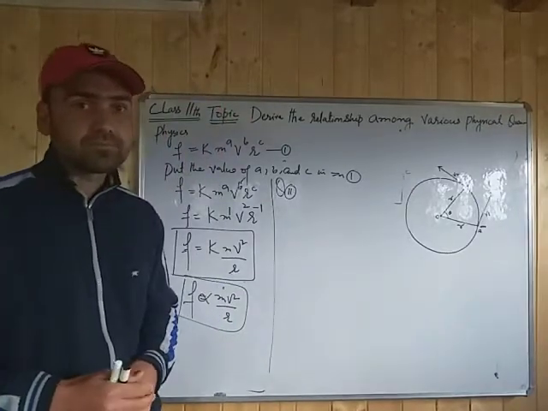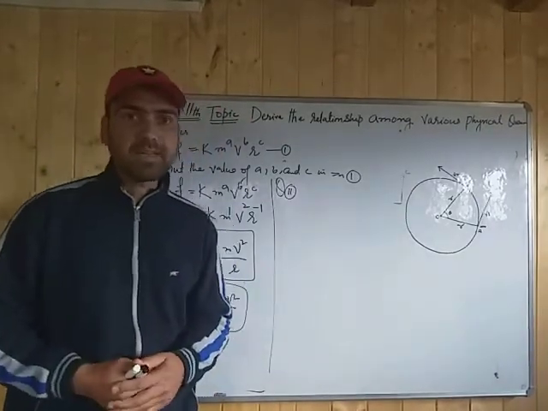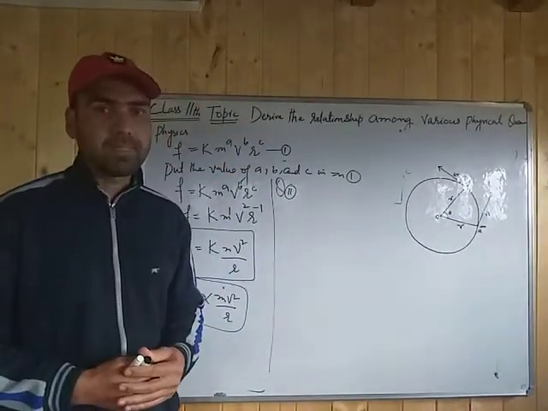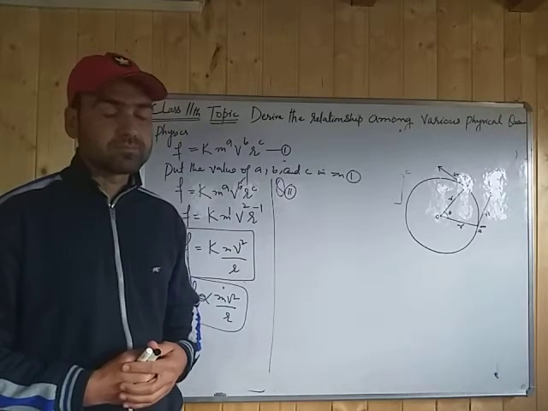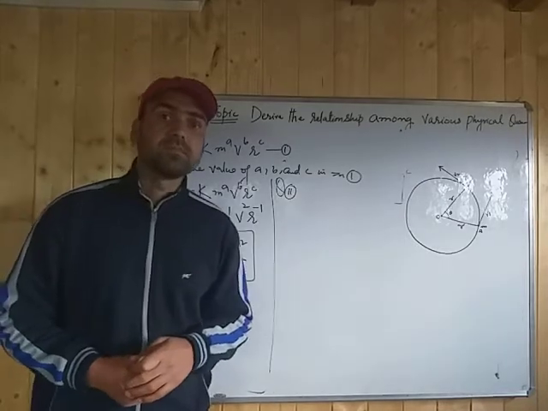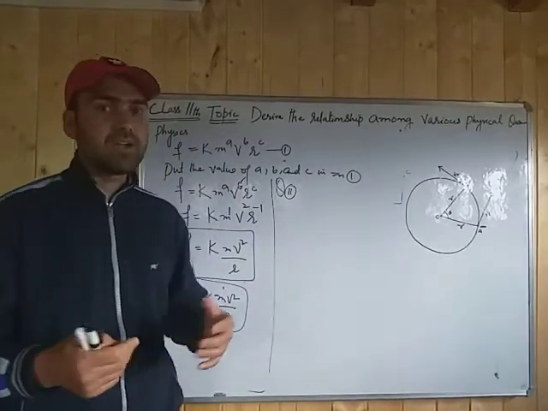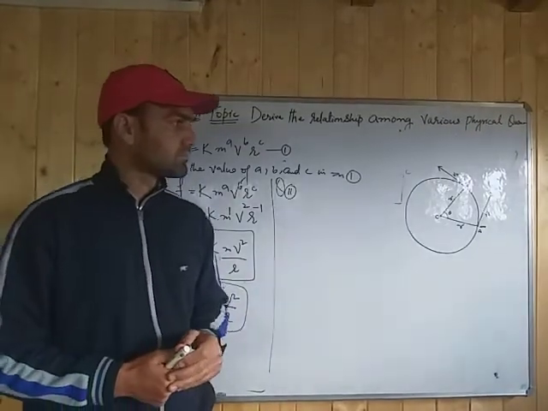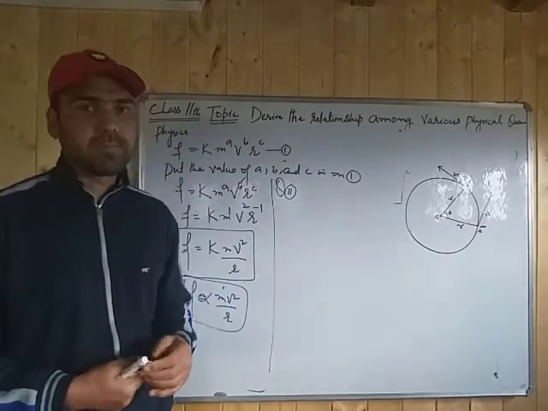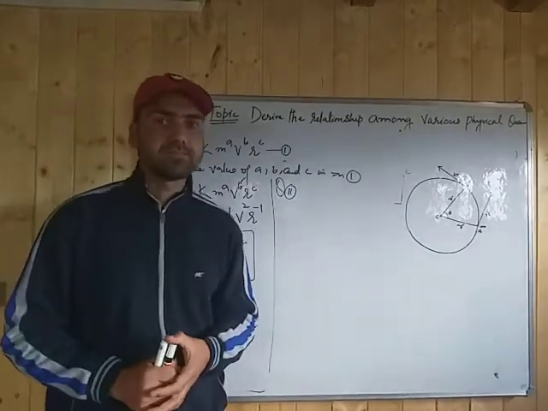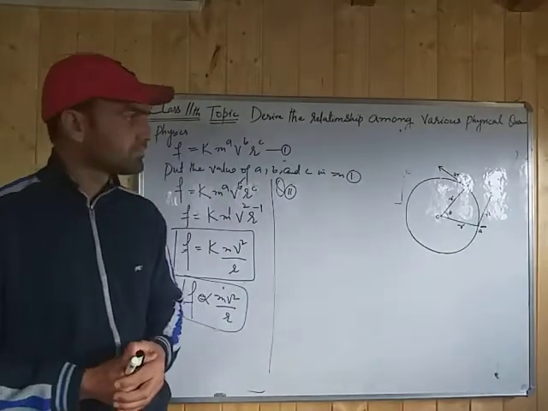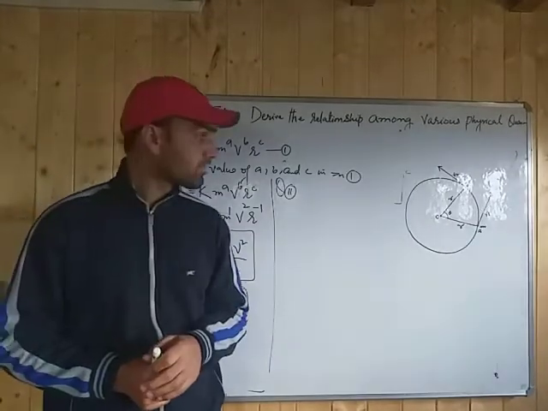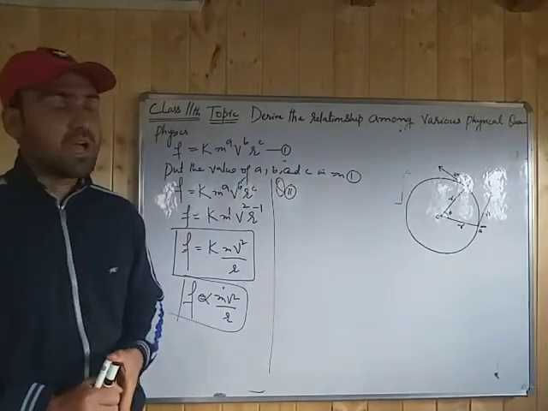The numerical is, write down: the pressure of a liquid column depends upon, number one, the density of the liquid column; number two, acceleration due to gravity; number three, height of the liquid column.